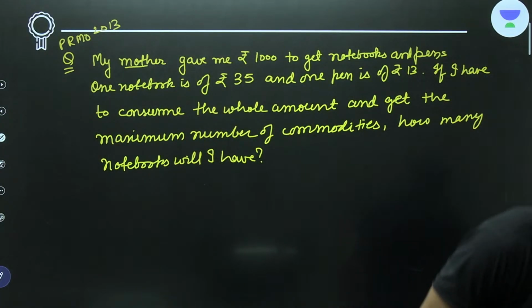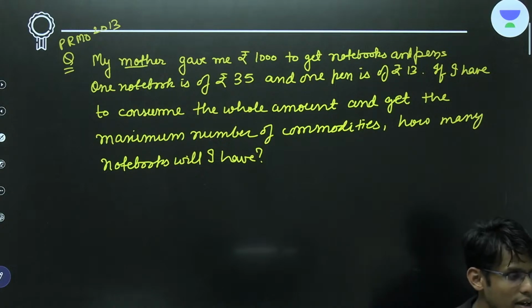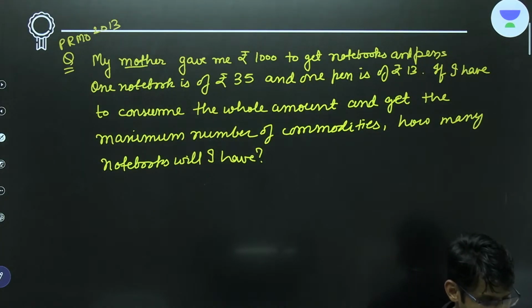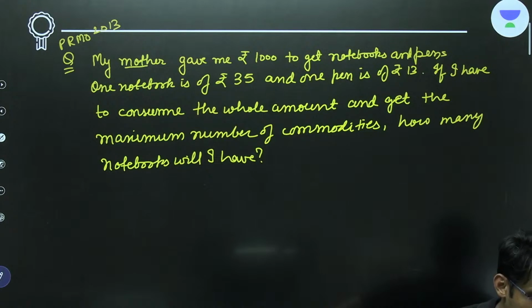Correct. Yes. Muhammad Shaheen Malik, he has written 35x plus 13y equals 1000. Correct. 2 notebooks. That's it. It's way too less.